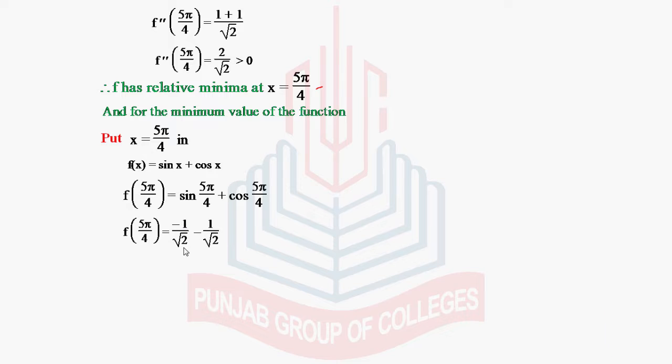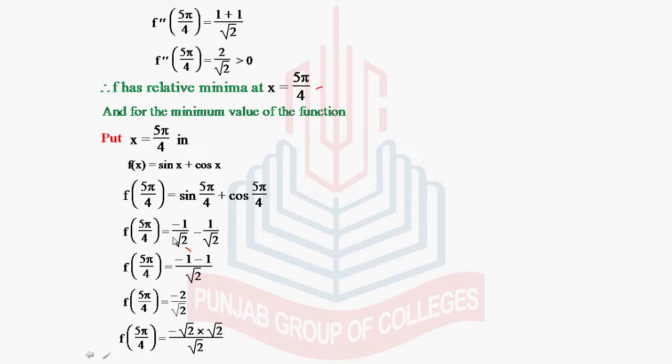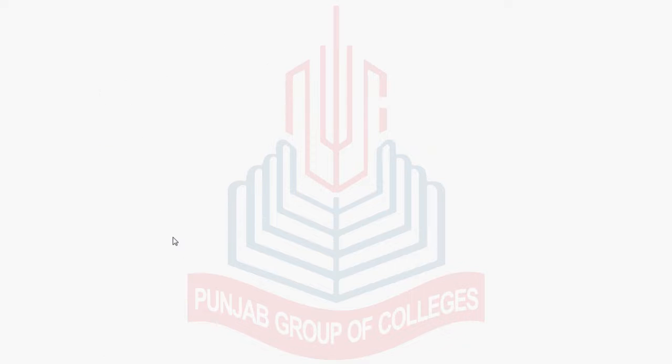Similarly, cos 5 pi by 4 is also in the third quadrant, so it will return a negative value, which is minus 1 over square root 2. By simplifying, taking LCM, we have minus 2 over square root 2, and to simplify, that is minus square root 2, which is the minimum value of the given function.